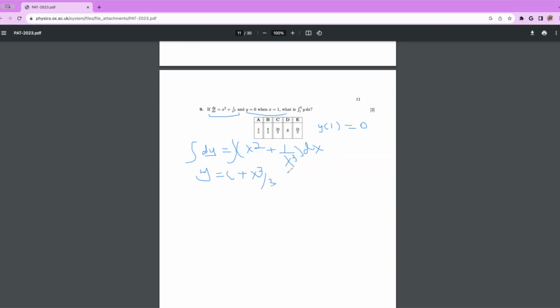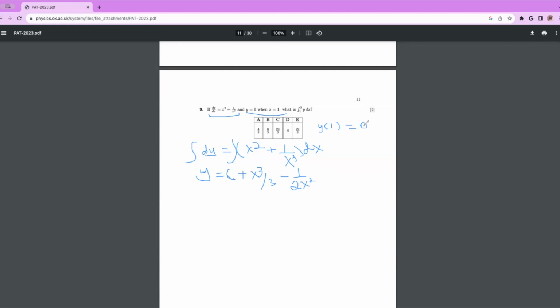And this is x to the negative 3, so you add 1 to the power, which is negative 2, and divide by it, which means minus 1 over 2x squared. That's actually it, because the constant term can be compressed into this c.